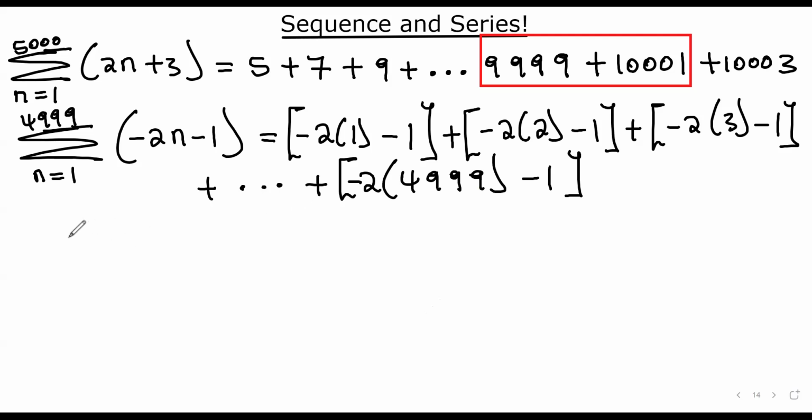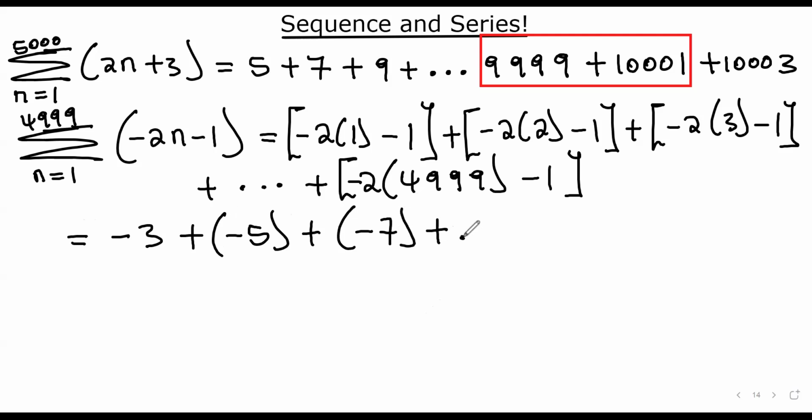Well then, when we plug everything into our calculator, -2 into 1 minus 1, well, we get -3 plus. If you plug in your 2 there, -5. You plug in your 3, -7. And you add many terms in between.